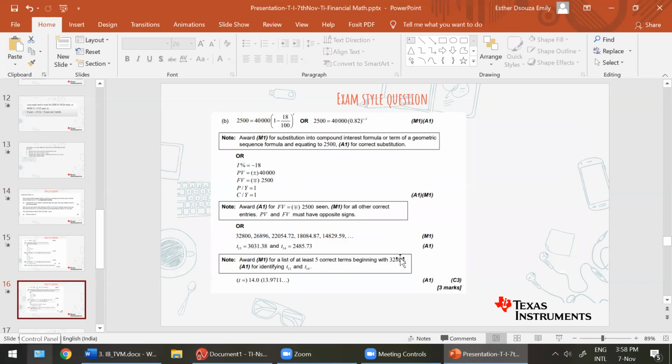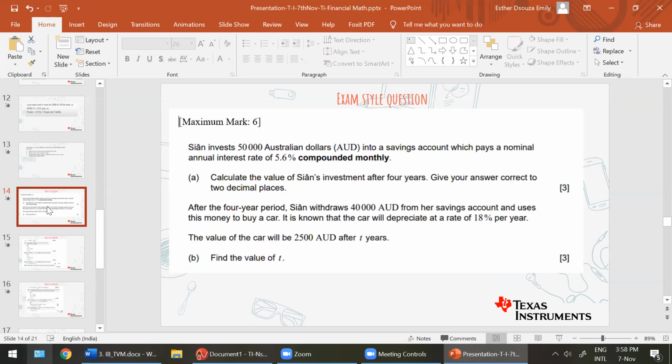Okay, so what you do in that case, students, is as follows. Your I percent is negative. I don't know whether you realize that. Your I percent is depreciating, so it's negative.